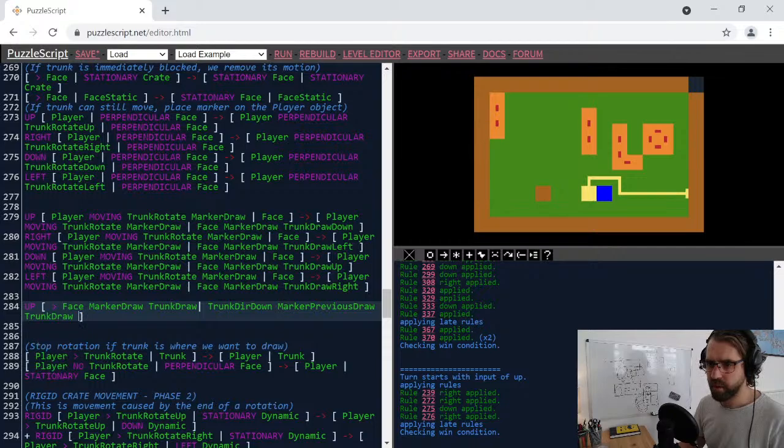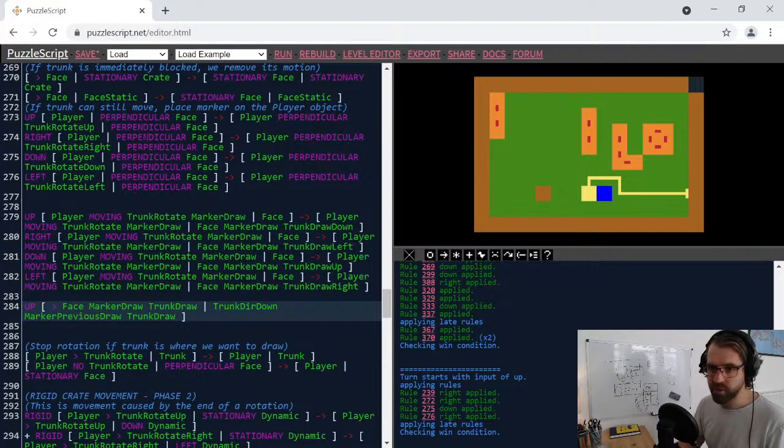Yep. Yeah, let's just do one case. Let's just do this case. So up, the face is moving, there's a marker draw in it, and there's a trunk draw. Yes, which is pointing that direction. And above it, there is a trunk draw down. Yep. There's a marker previous draw.